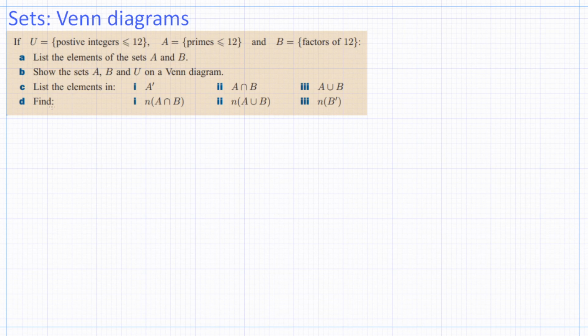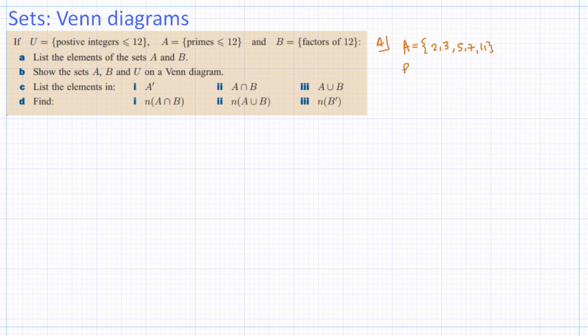Letter A, list all elements of sets A and B. Let's first list all elements of set A. Prime numbers less than or equal to 12: 2, 3, 5, 7, and 11.